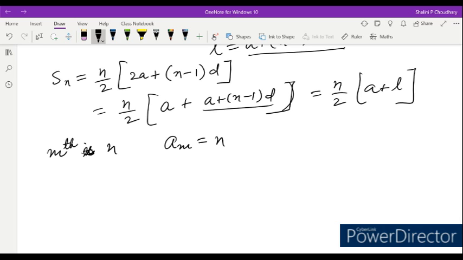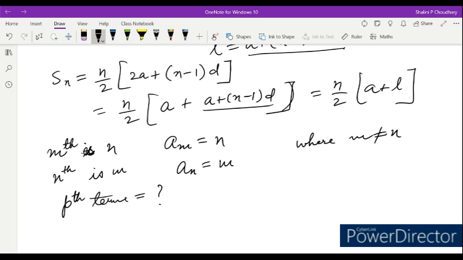And the nth term is m, it means an is equal to m, where m is not equal to n. Then we have to find the pth term.